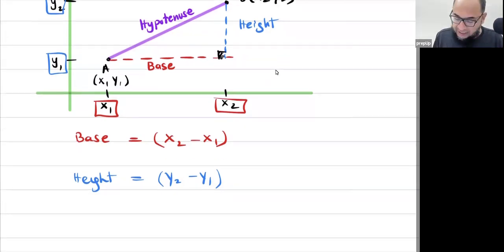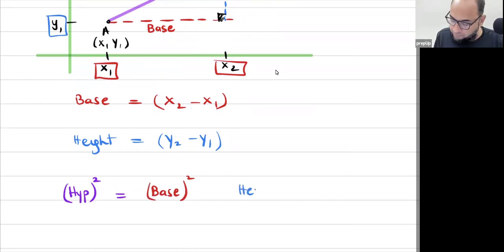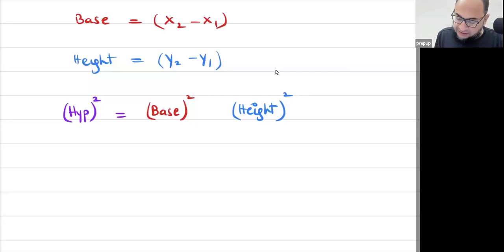So therefore, if I talk about hypotenuse, hypotenuse square is equal to the base square plus the height square. Let me write the base first. This is x2 minus x1 whole square. Let me write the height first, which is y2 minus y1 whole square.